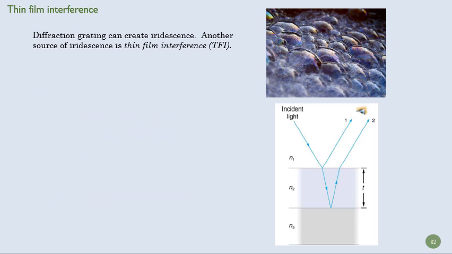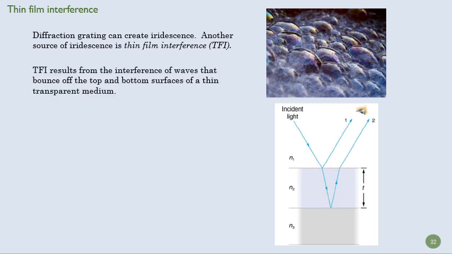And then the last thing we want to talk about is thin film interference. This results because of the way light diffracts through a surface. So let's imagine waves hitting, say, a bubble. Some are going to bounce off the top of that surface, and some will bounce off the bottom surface. So we have incoming light. Some bounces off here.